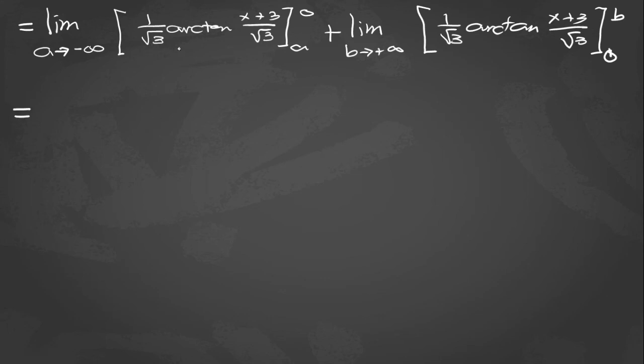Notice in our terms, there is a common factor, which is 1 over square root of 3. So we can simply take it outside as 1 over square root of 3 multiplied by each of the limits.